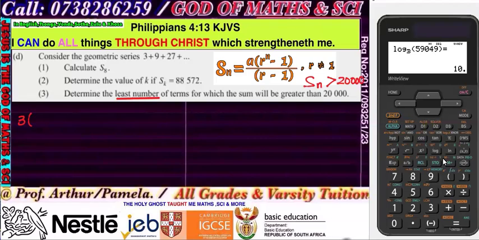The r we figured out was also 3, to the exponent of n minus 1, close the parentheses, and then we need to divide that by 3 minus 1. All of that represents Sn, and they told me it's greater than. So everything that is the formula must be greater than, did I say 2,000? Well, it's 20,000. There we go.